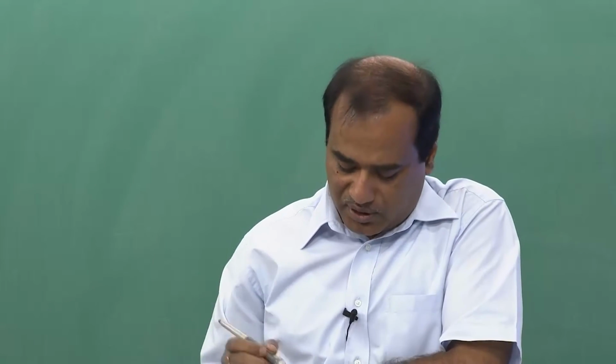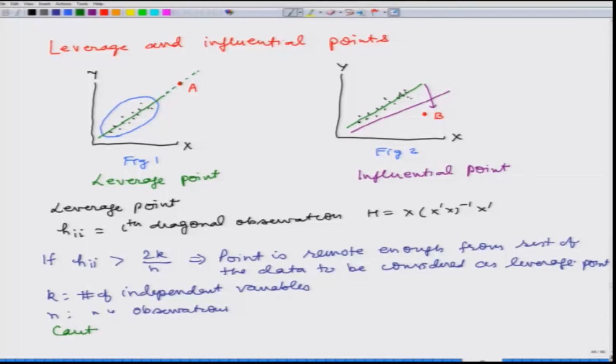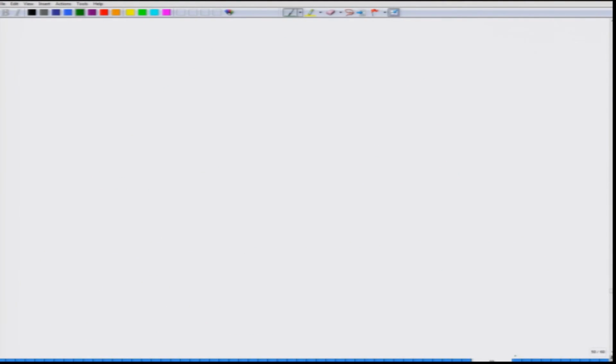We have to be a little bit cautious that this limit, 2k upon n, is only a sort of guideline, because it depends on the number of independent variables as well as on the number of observations.